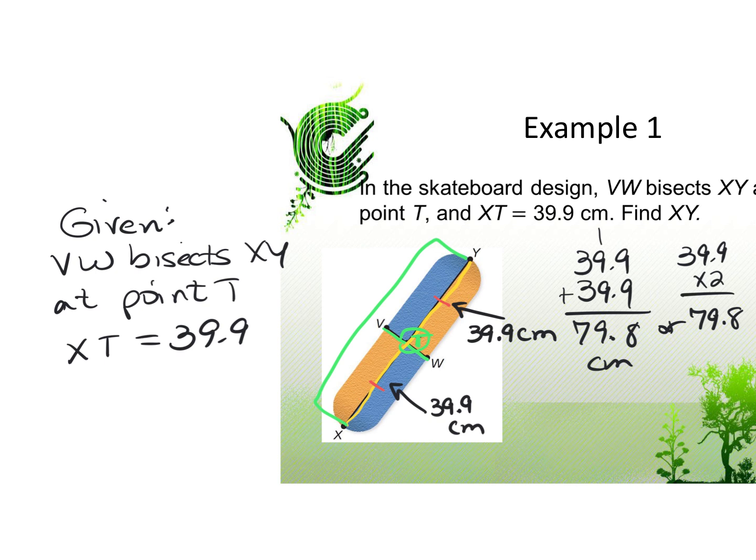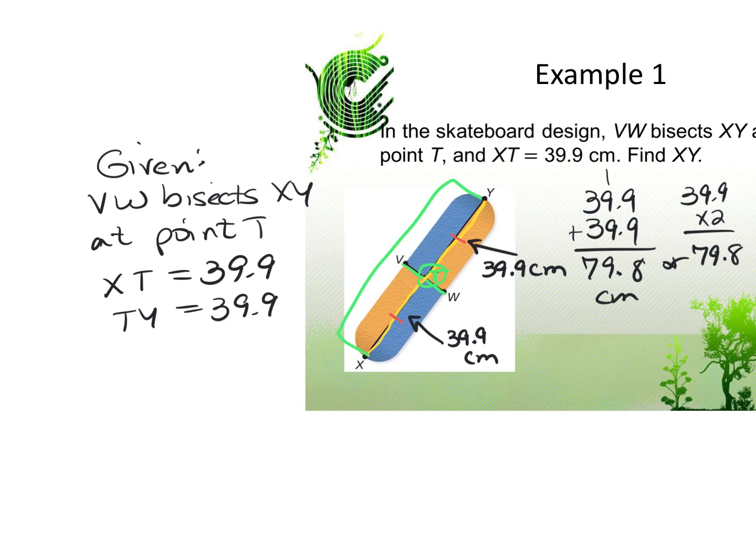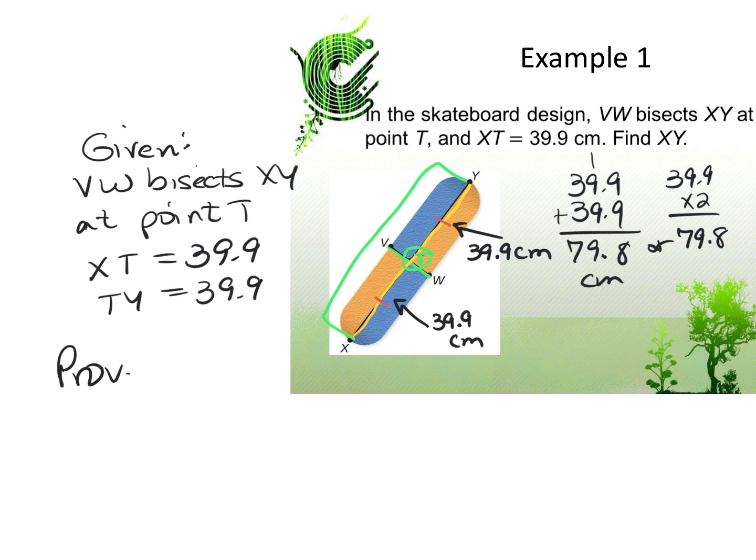I'm also going to tell you that TY equals 39.9. I'm going to ask you to prove that XY equals 79.8. These are both centimeters. So this is how you'll be presented information for a proof. I'll give you a statement, whether it's a diagram or it'll be spelled out like this. And then I'm going to give you something to prove.